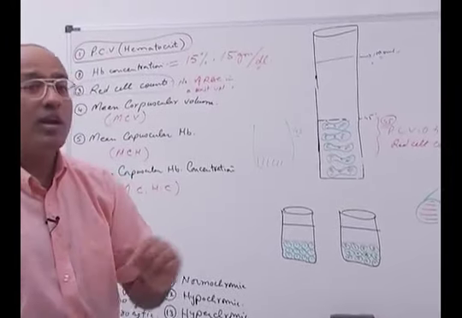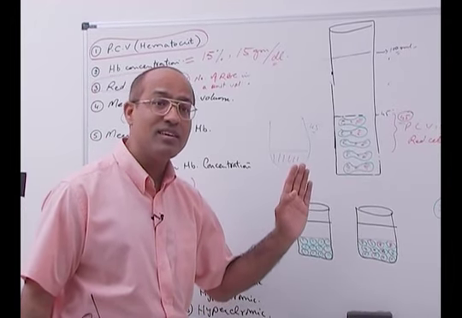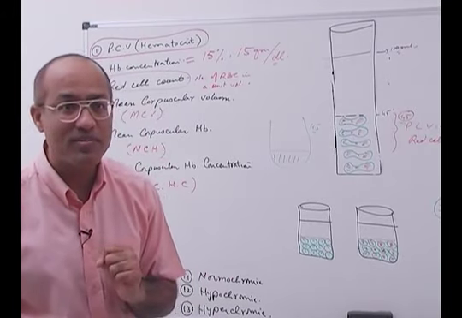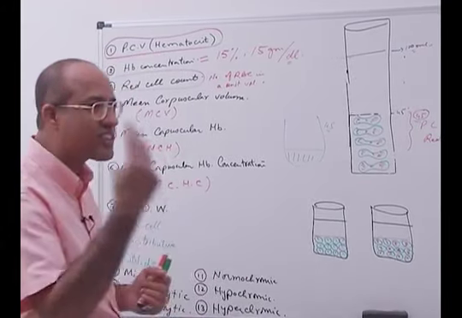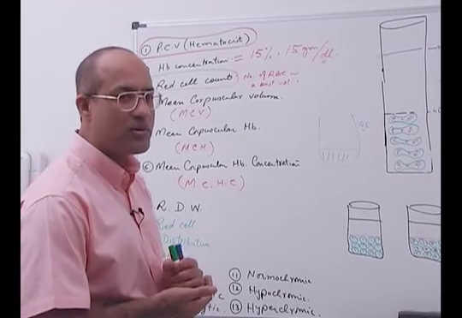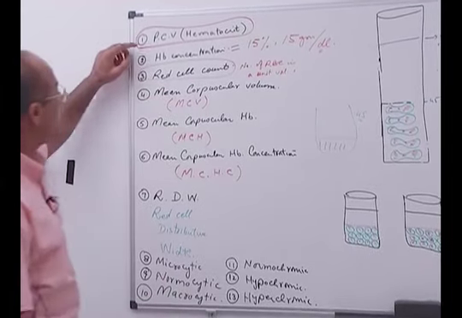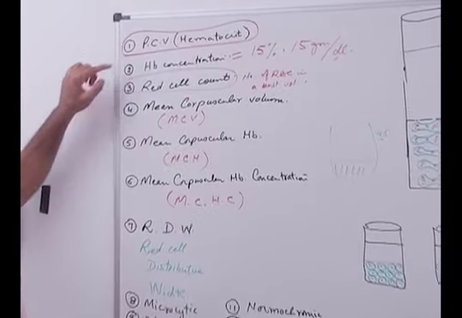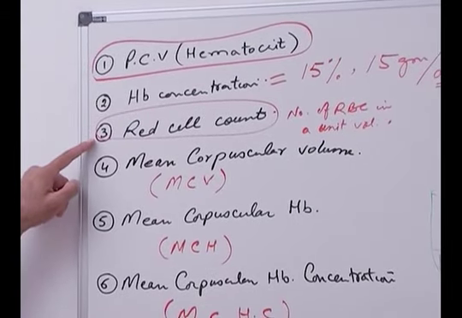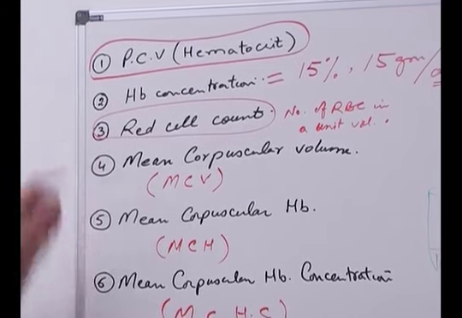You are understanding it? So we should have three basic studies when someone comes to you and we start talking about RBCs and hemoglobin. Number one, what is the packed cell volume? Number two, how well is this packed cell volume packed, with what number of RBCs? Then, what is the hemoglobin concentration in a given amount of blood?